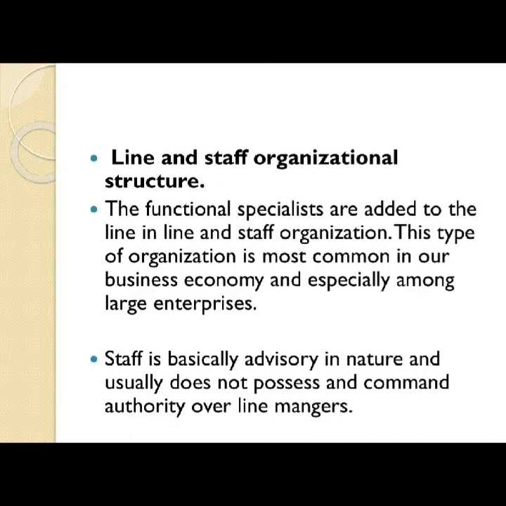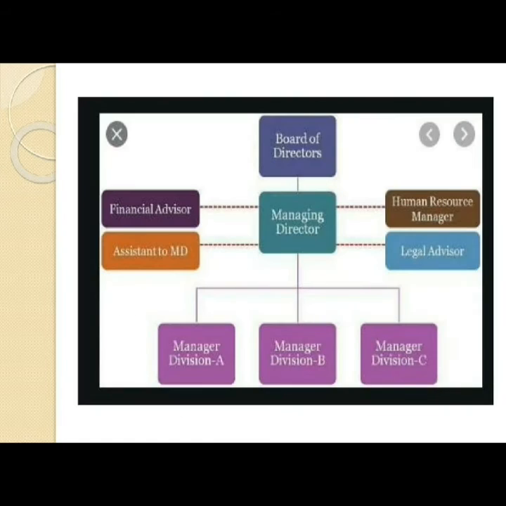The line and staff organizational structure. Functional specialists are added to the line in line and staff organization. This type of organization is most common in our business economy, especially among large enterprises. A staff is basically advisory in nature and usually does not possess command authority over line managers, because the staff function is actually a support function.